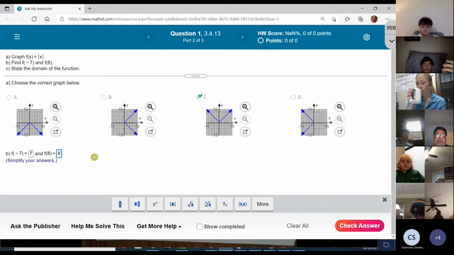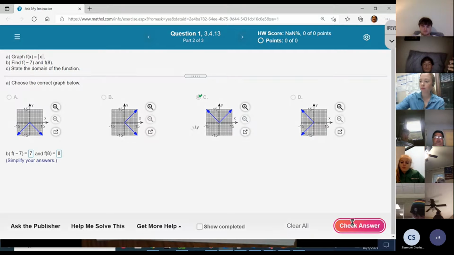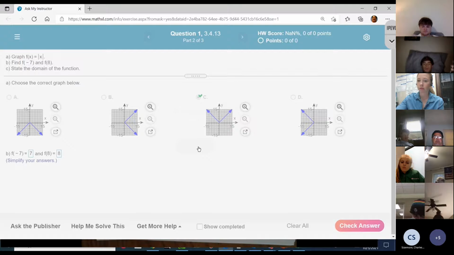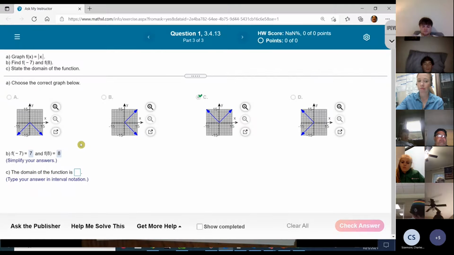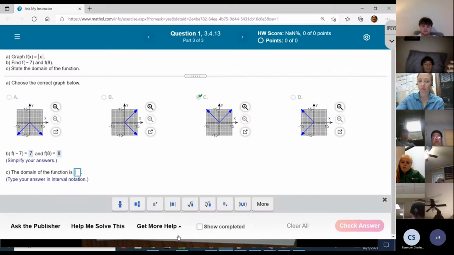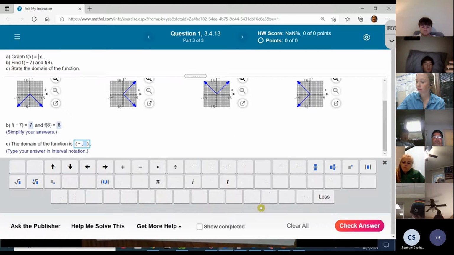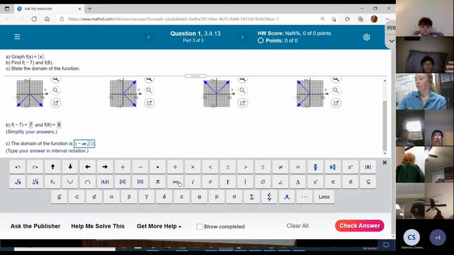I got it backwards on the paper, but this headache is not going to make me rewrite stuff. I'm sorry. The domain is all real numbers, which is negative infinity to positive infinity.